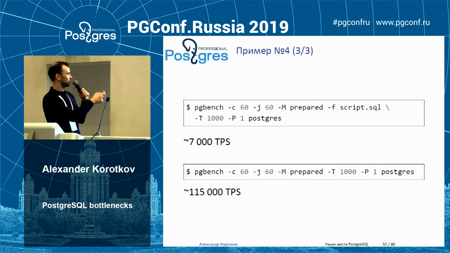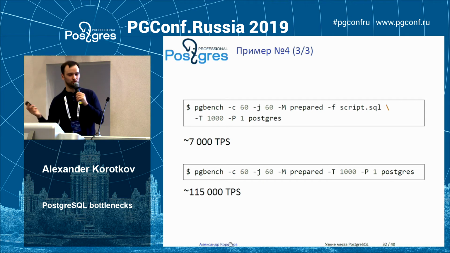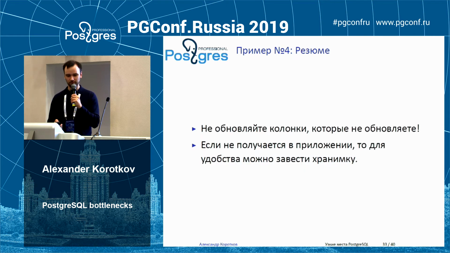If we make a stupid update, as HOT is not working, if we don't just write the column, we get 115,000 TPS. The moral is the same: if you don't update, just include them.